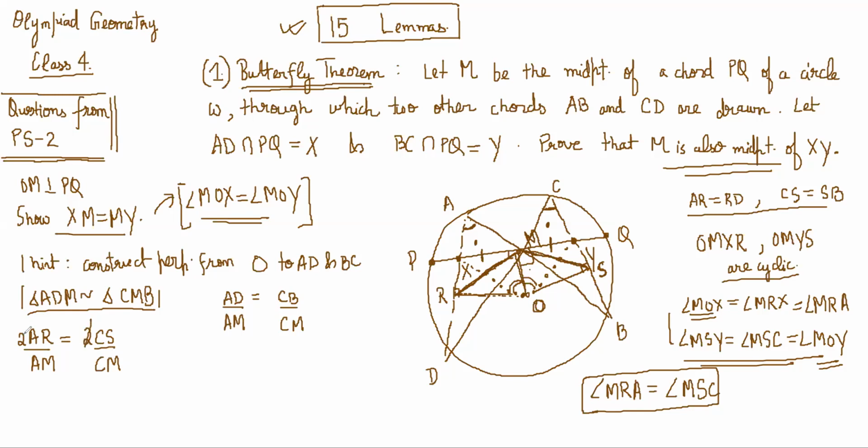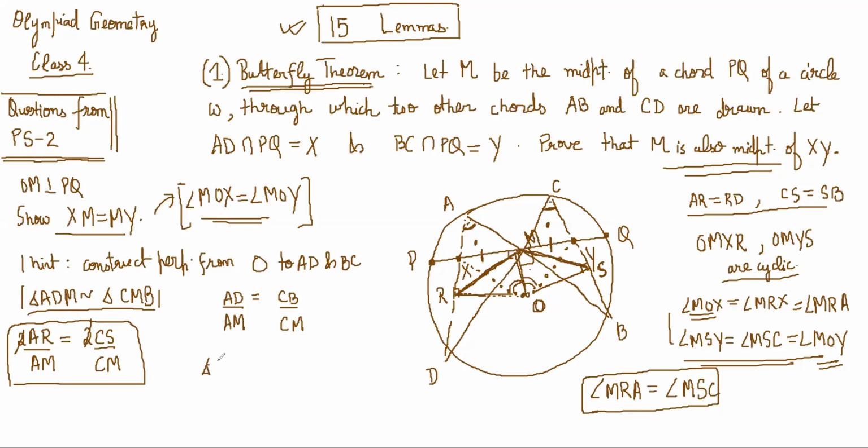So you are getting AR by AM is equal to CS by CM. That means ratios of corresponding sides are same and one angle is same. But is it the included angle? That included angle, AR, AM, CS, CM. Yes. So two sides are in ratio and one included angle is same.